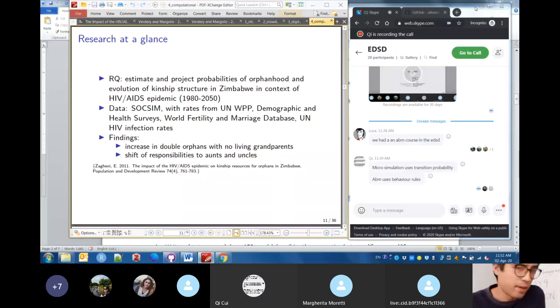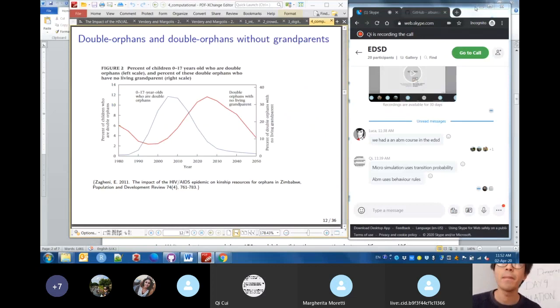So there are many findings, but 2 findings that I found particularly interesting are an increase in double orphans that have no living grandparents, and I'm gonna show a graph now to make this clearer. And then the other thing that Emily found was this shift of responsibilities to aunts and uncles as a result of the excess mortality caused by the epidemic.